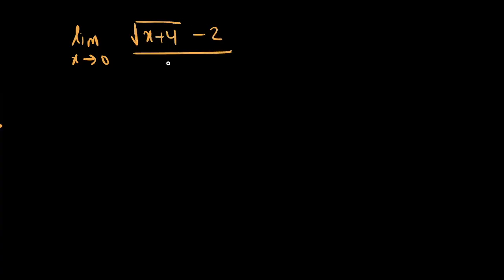Okay, let's look at the next one. Let's say that we're trying to find the limit as x approaches 0 of the square root of x plus 4 minus 2 over x.